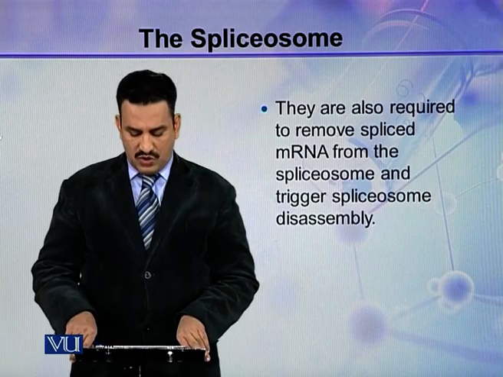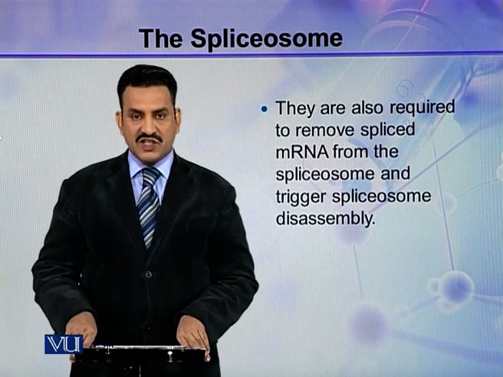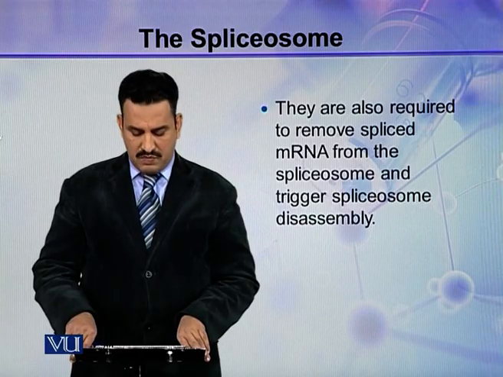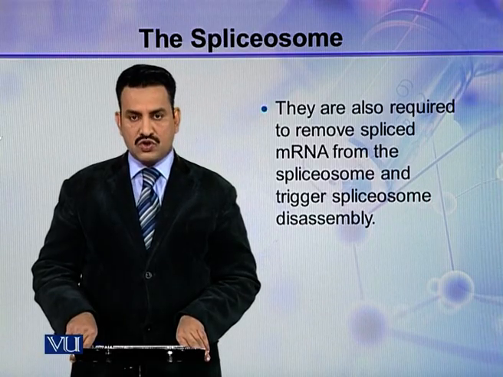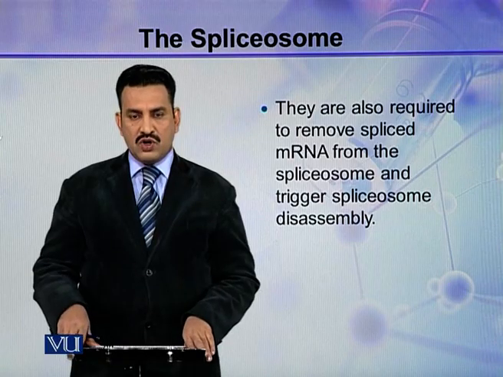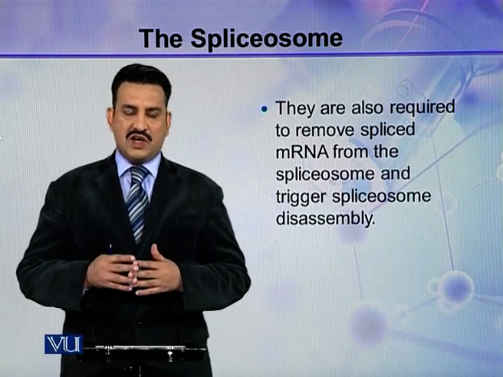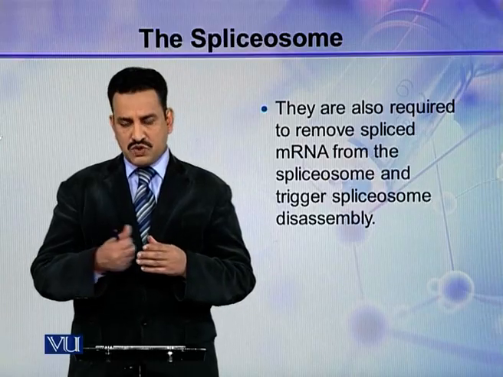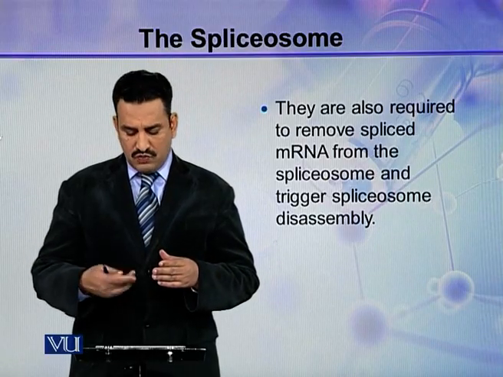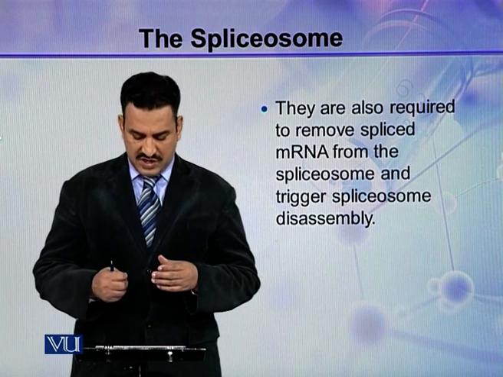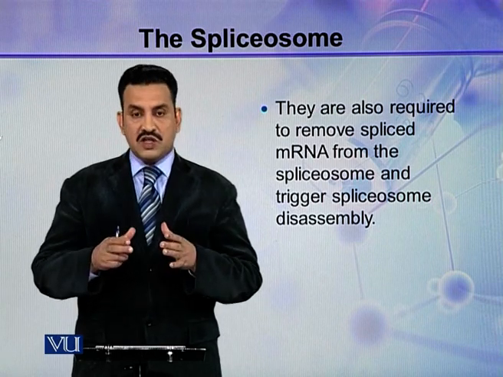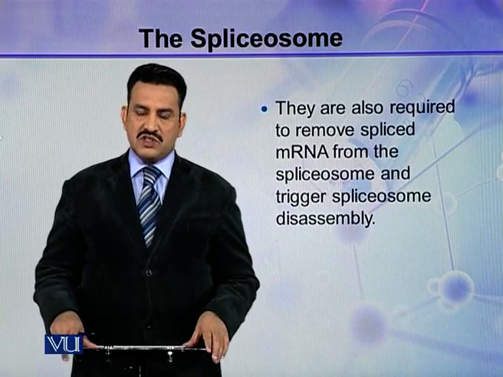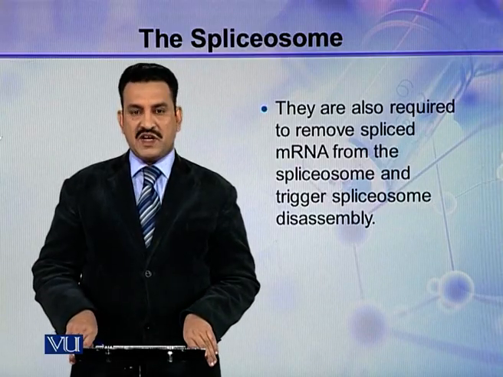They are also required to remove spliced mRNA from the spliceosome and trigger spliceosome disassembly. So once the RNA splicing has been done, this spliced RNA must be removed, and this is done through these actions, and then the spliceosome should also dismantle. So this is the spliceosome.